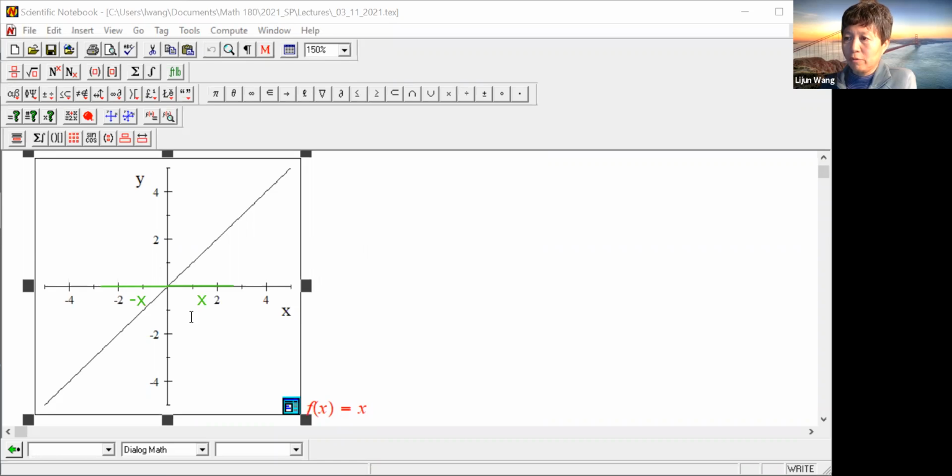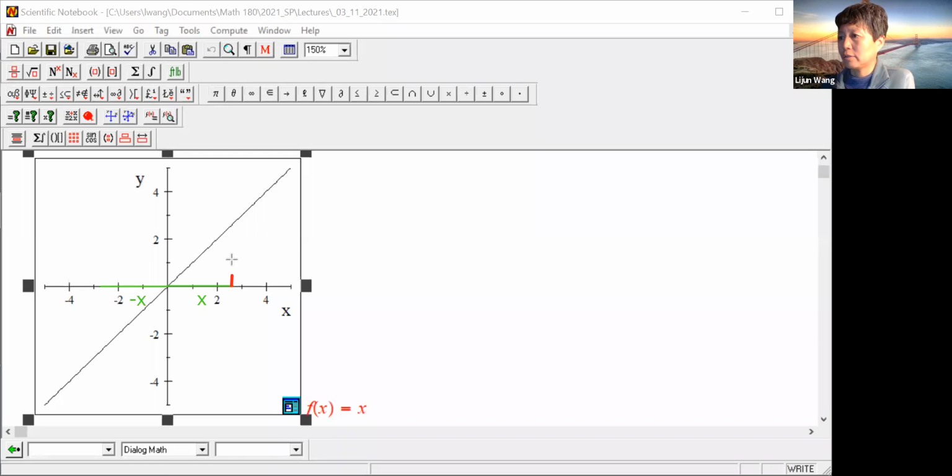Okay. For x, there's an output. Let that output be red. For this particular function, I'm going to change the color.